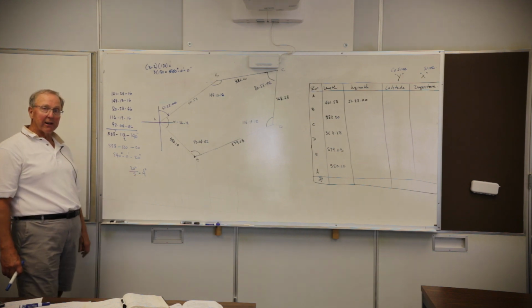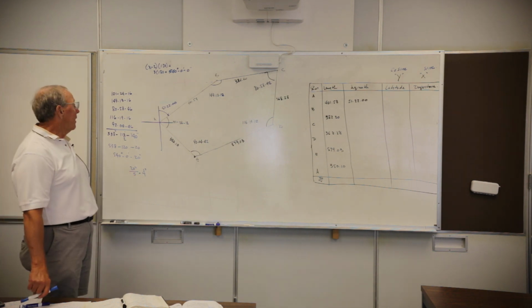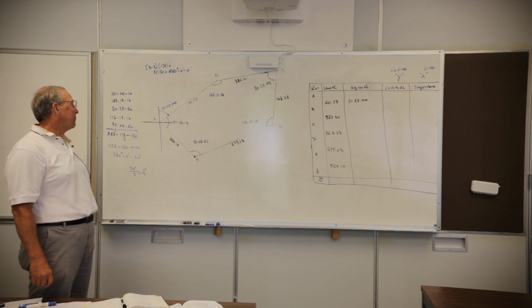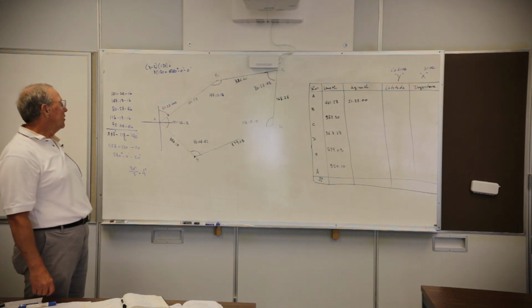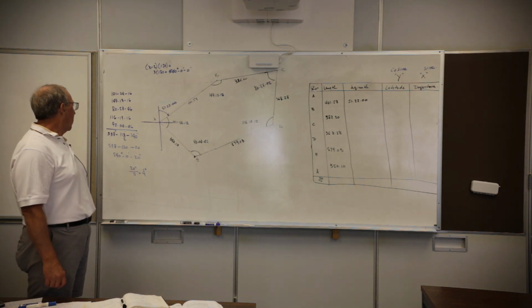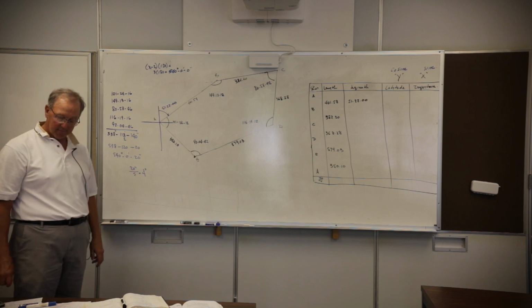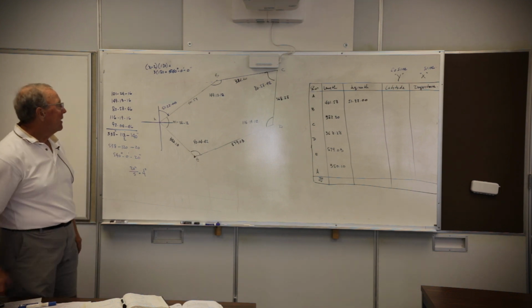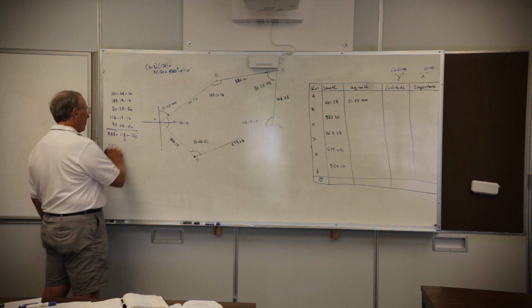In this case, I needed to subtract. So if I add all these up now, I think I got it. Looks like I'm right on. It's perfect. Okay? So I've got angular closure now.